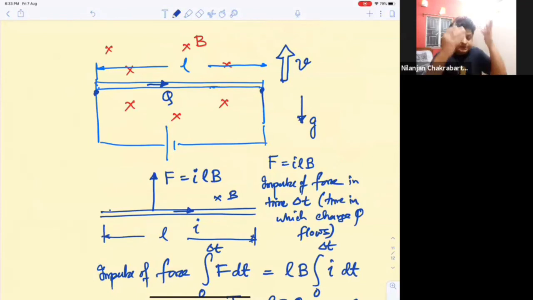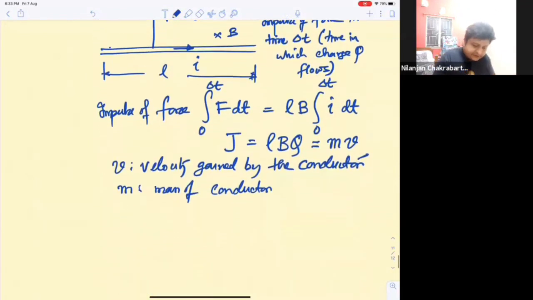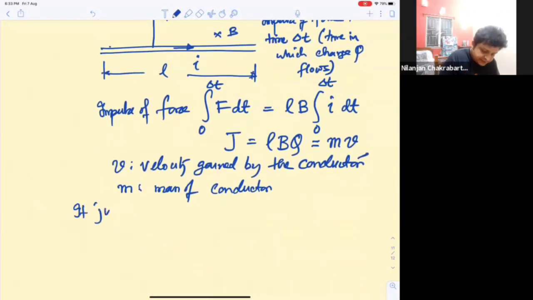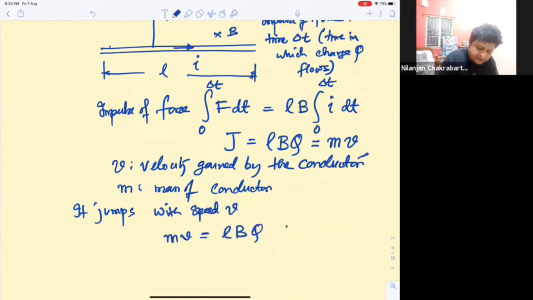Contacts are loose so that it jumps up with a speed v, right? So that mv is equal to LBQ. Therefore v is equal to LBQ divided by m.